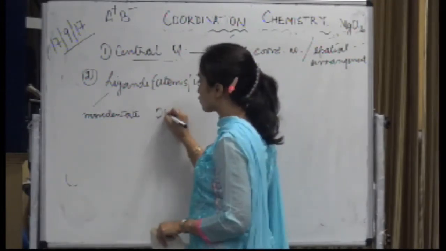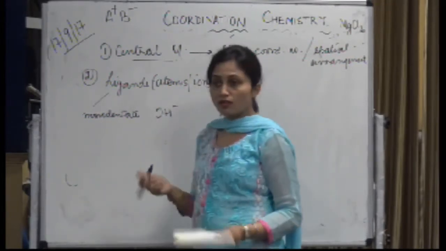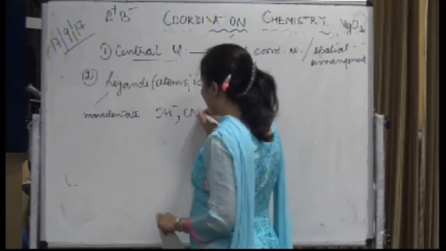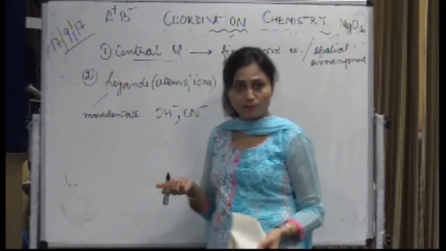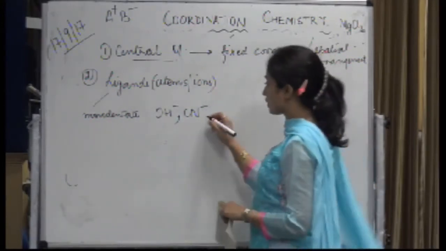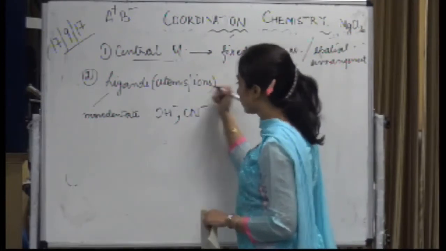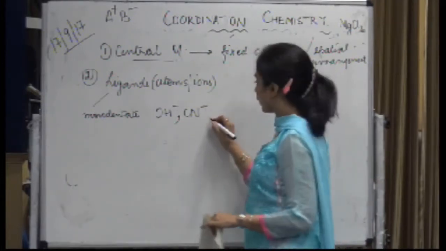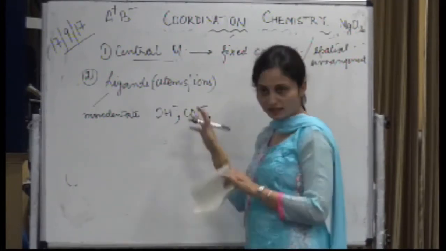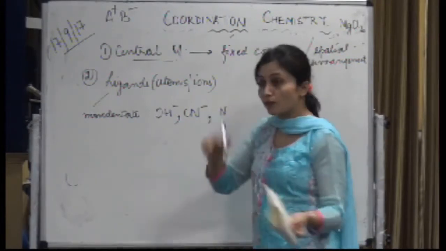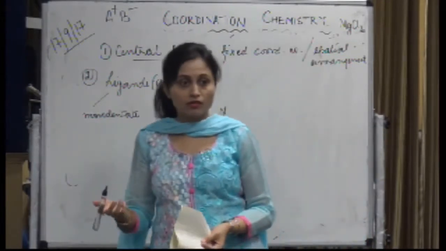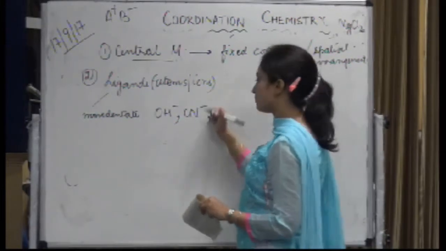Monodentate जैसे OH minus है, ठीक है, जैसे CN minus है. So I know it will attach only from the carbon side to my metal, so it can be CN minus, or it can get attached from the N side also, but not from N and C together. So you talk about them, I will talk about it later.